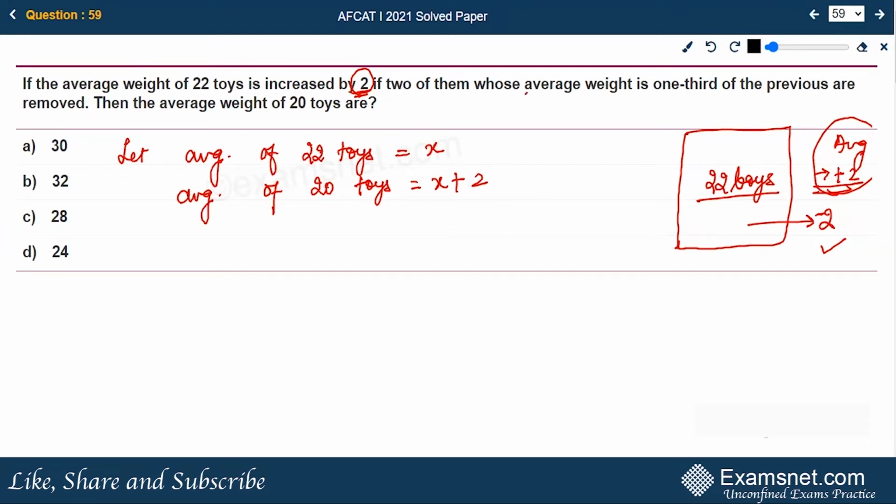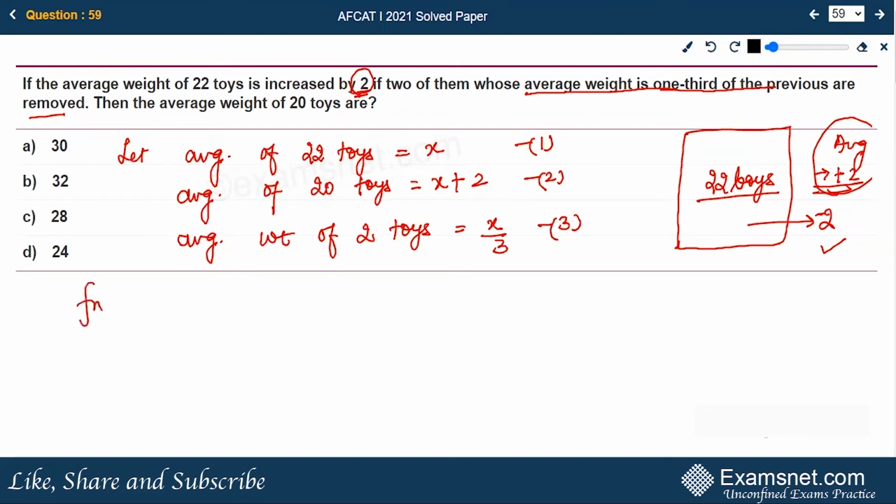Then the average weight of the 2 toys is 1/3 of the previous one removed. Also, you have the average weight of 2 toys is equal to x upon 3. So this is situation 1, this is situation 2, and this is situation 3. Let's consider all the situations.